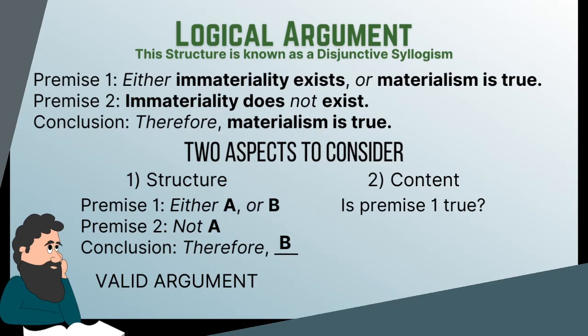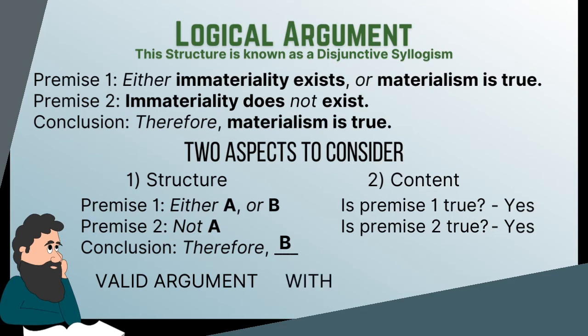As we saw in Lesson 1, that is indeed true, since the existence of immateriality is genuinely dichotomous with materialism. Now, for premise 2, is it true that immateriality does not exist? Again, as we saw in Lesson 1, the statement 'immateriality does not exist' is necessarily true, since the very notion of immateriality is the notion of non-existence, and thus to say that it does exist would be an inherent contradiction.